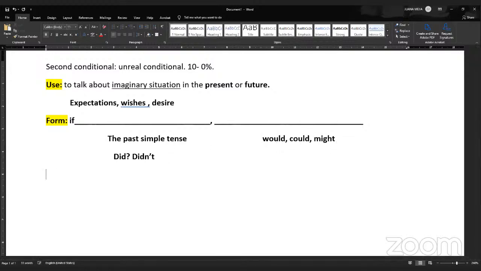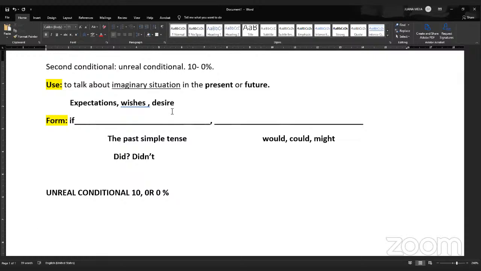Well, why do we call second conditional a real conditional? 10% or 0% of probability. We call it this way because it's just for situation that probably will not happen in the future.